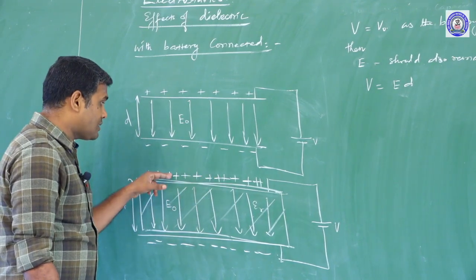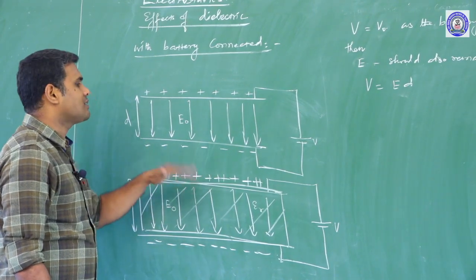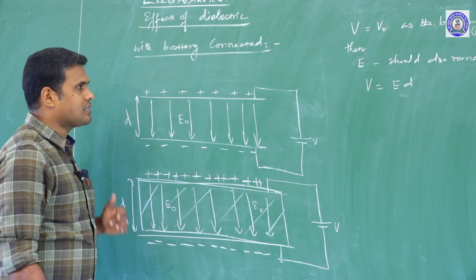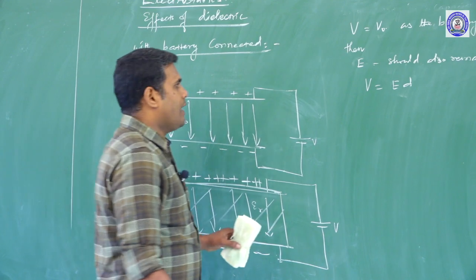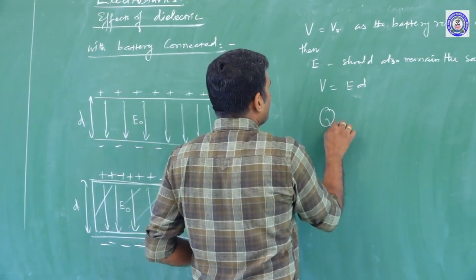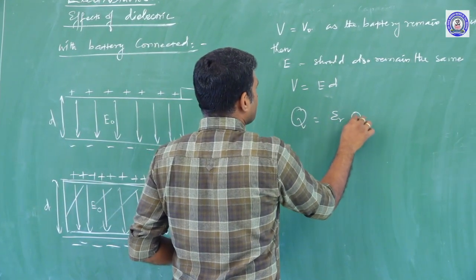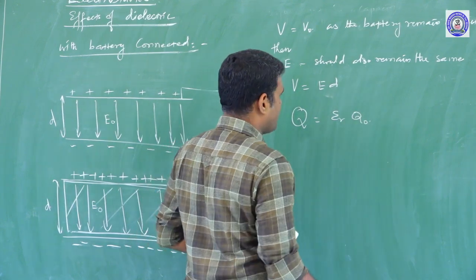But what happened to the charge? It is not the same. Charge got increased over the plates of the parallel plate capacitor. This was first observed by Faraday. And the charge over the plates increases by epsilon r times.